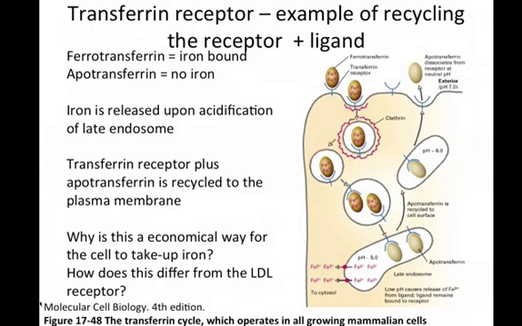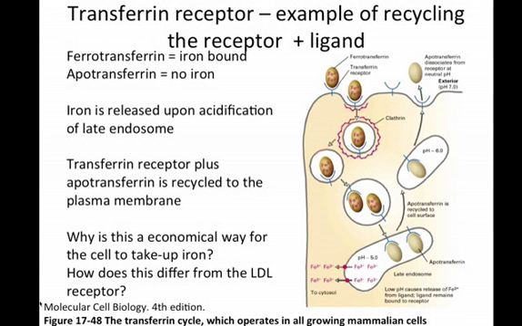Okay, so here's another example of receptor-mediated endocytosis. And this is different. So I want you to, in your mind, compare and contrast the difference between the LDL receptor and the transferrin receptor. So this is an example of recycling the receptor and the ligand. And that's because transferrin binds iron, and so there's no need to get rid of the transferrin over time.